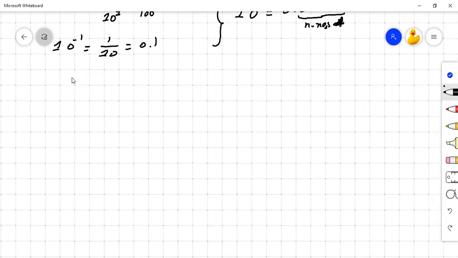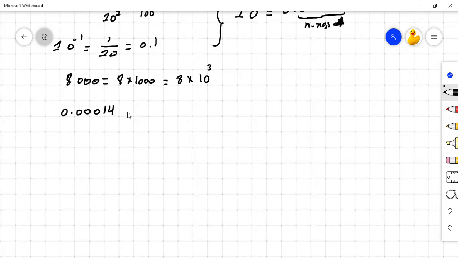For example, how to write 8,000 in the form of a number times a power of 10? It's 8 times 1,000, which is equal to 8 times 10 exponent 3. What if we have 0.00014?